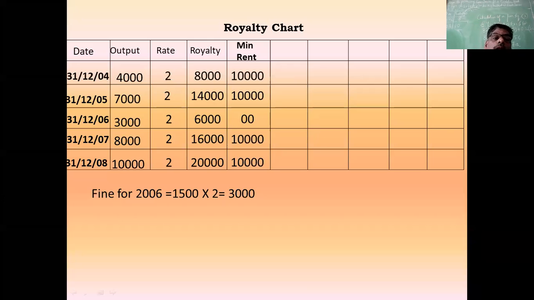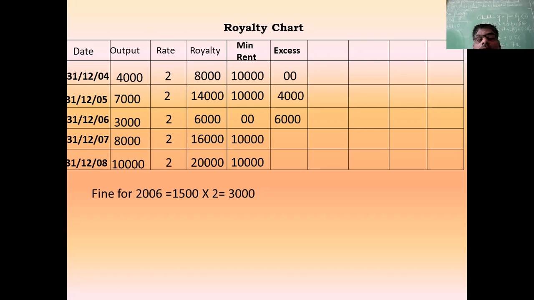Okay, you see here I calculated the fine of rupees per month. Fine is 1,500. Delay is for 2 months. Therefore, 1,500 into 2 is 3,000 is the penalty. Okay, this is the penalty charged by the author. Remember this. Then come to the excess. First year no excess, second year no excess, third year 6,000 rupee excess is there because there is no minimum rent.